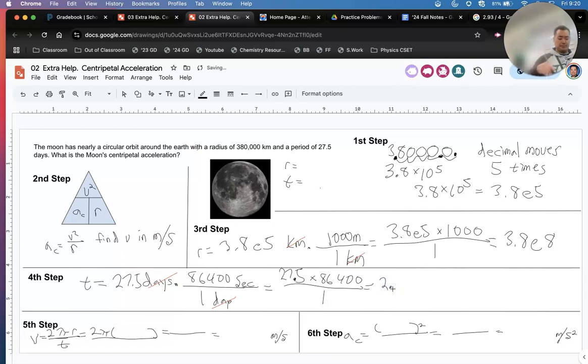Close. You rounded too early. 2.338. And there's a little exponent on the right that makes a huge difference. E what? E5.